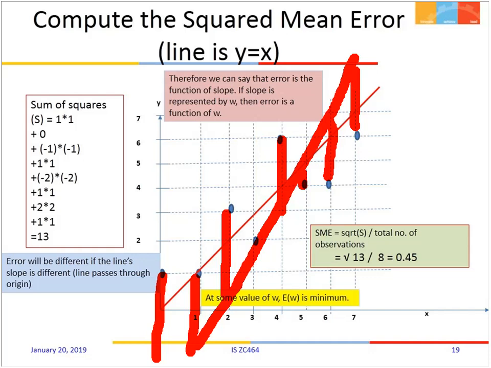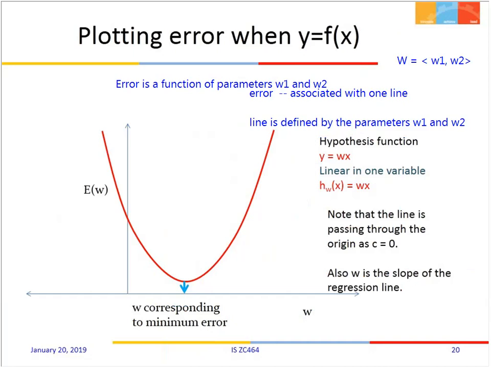So now we are visualizing that every such slope will have its corresponding error. So let me draw this line from a point on the w-axis till the surface, and there are so many lines.